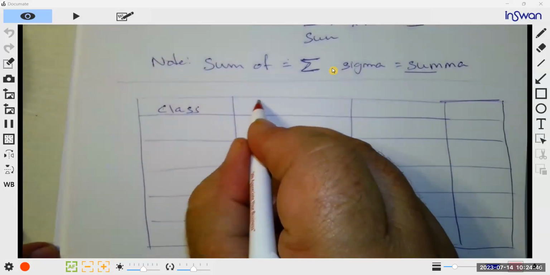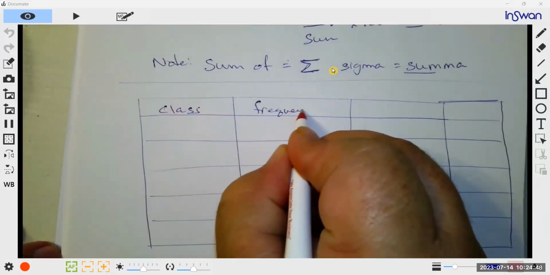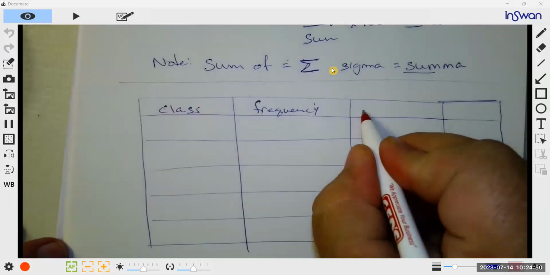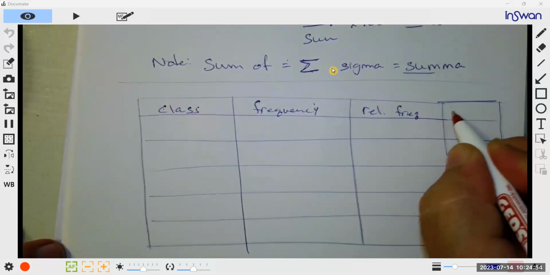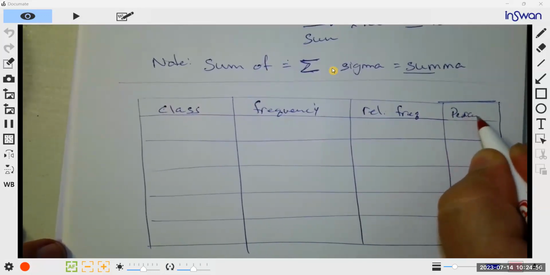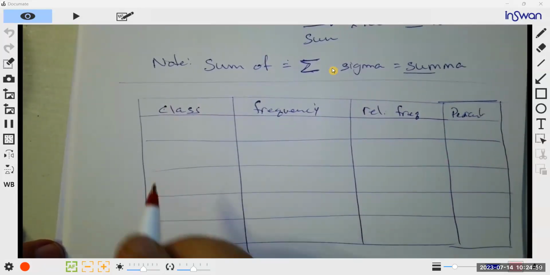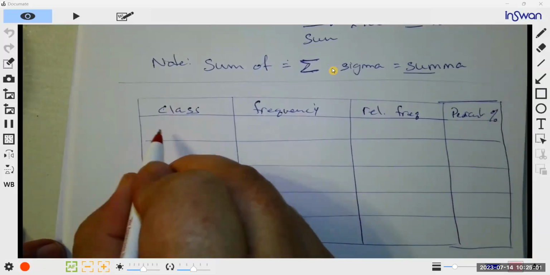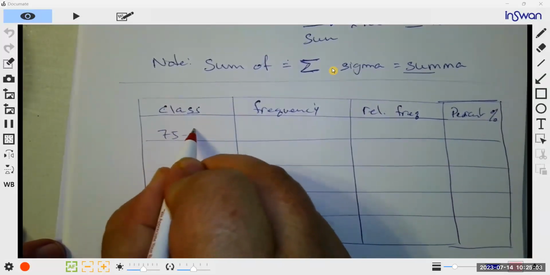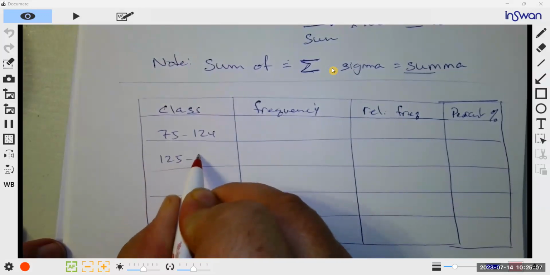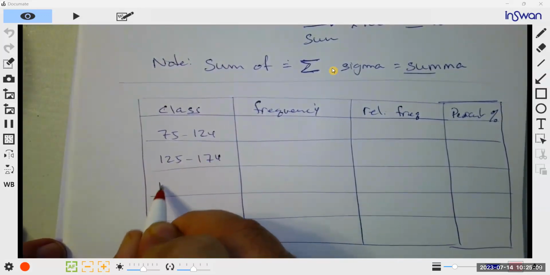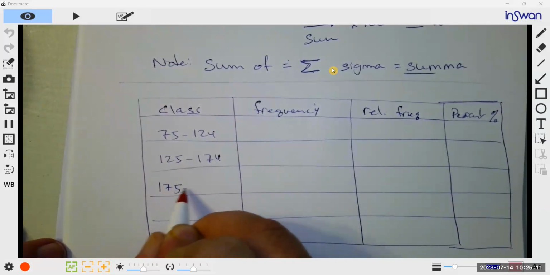The class, the frequency, the relative frequency, and the percent. So we have 75 to 124, 125 to 174. I should have put all those separations.